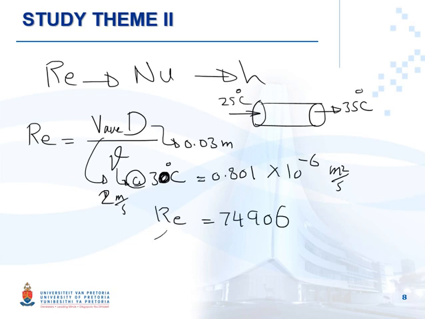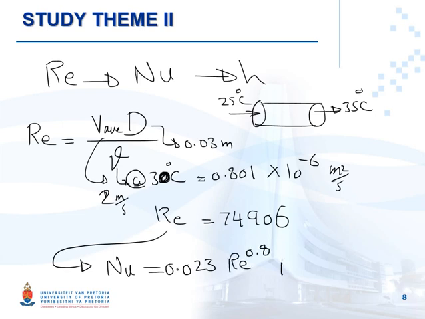Okay, if you go to your textbook, you can find the right correlation to calculate the Nusselt number for this Reynolds: 0.023 Reynolds to the power of 0.8, and Prandtl to the power of 0.4.